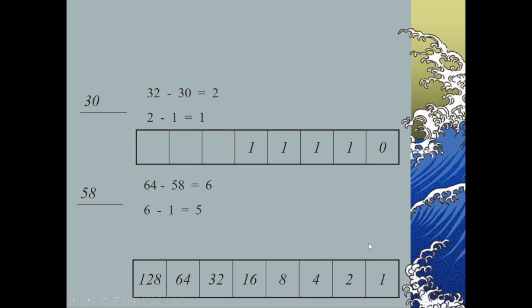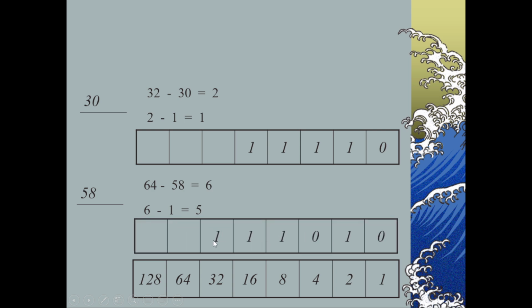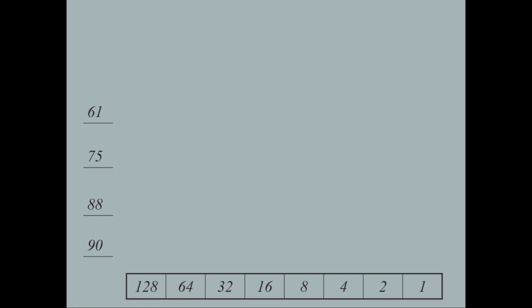So 4 and 1 equal 5. So we put zeros there and 1 everywhere else. So it's 111010. If you add up all the 1s, it'll be 58. And if you add up the zeros, it'll be 5. So if you like that method, you can use it. If you want to use the other method, it's up to you.